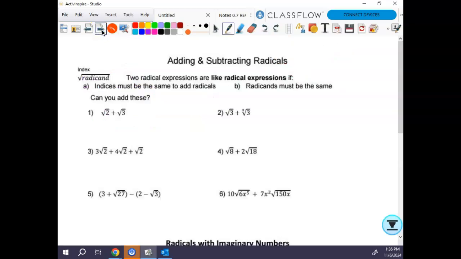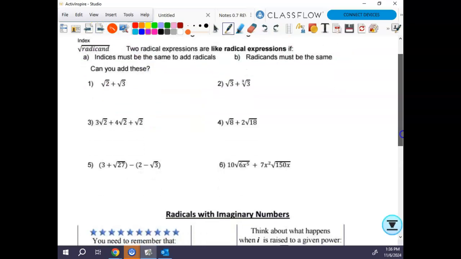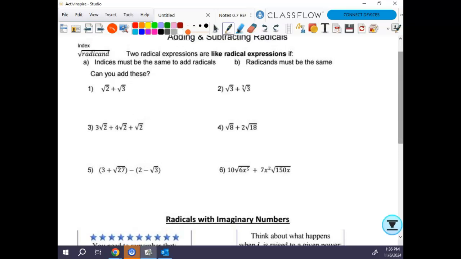So then we're going to add and subtract radicals, which we kind of already did a little bit, but here are the rules. So remember that this is where your index is. So two radical expressions, so that's what this is. These are two radical expressions, are like radical expressions if the indices are the same and the radicands are the same.